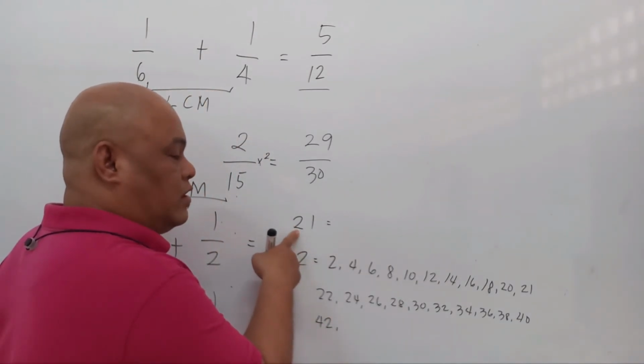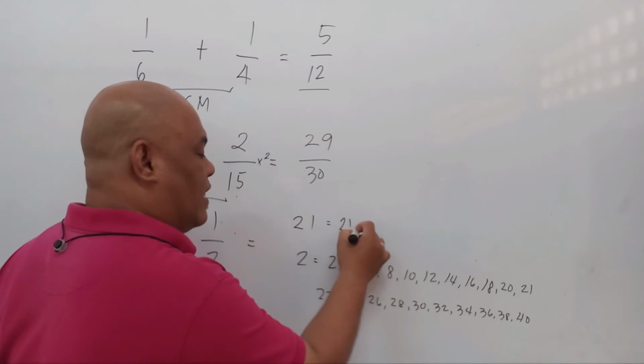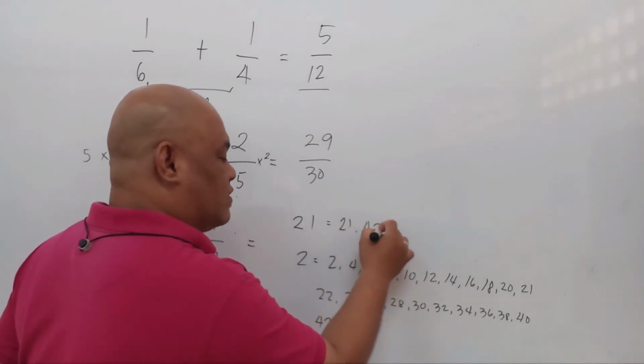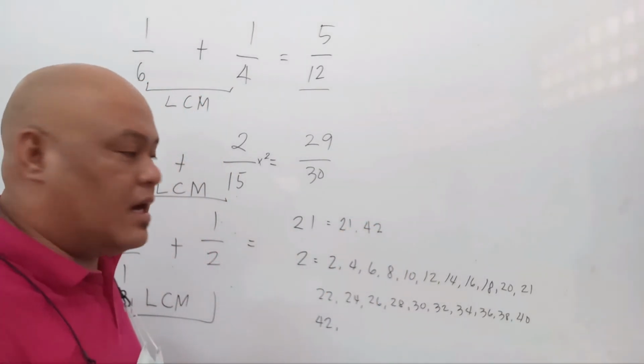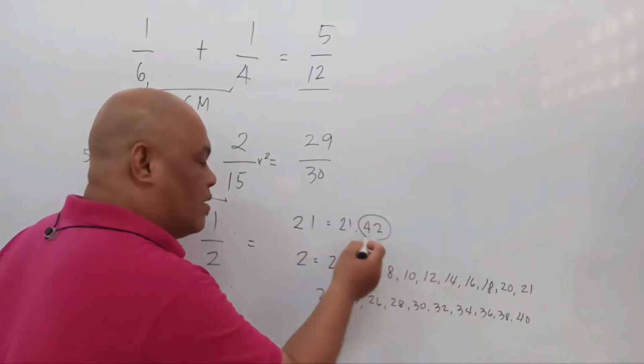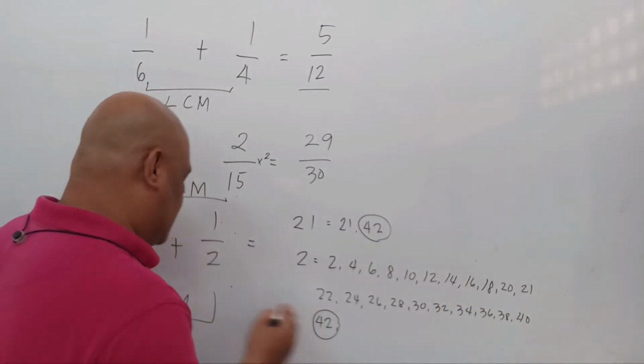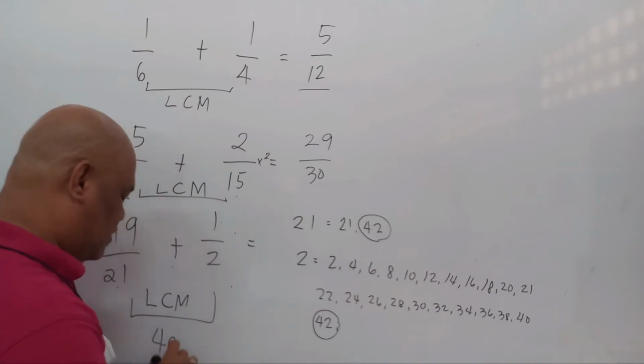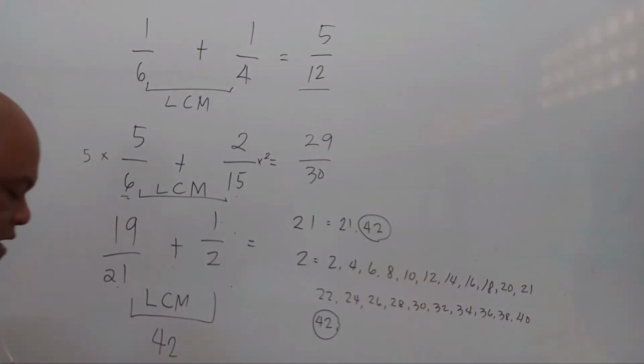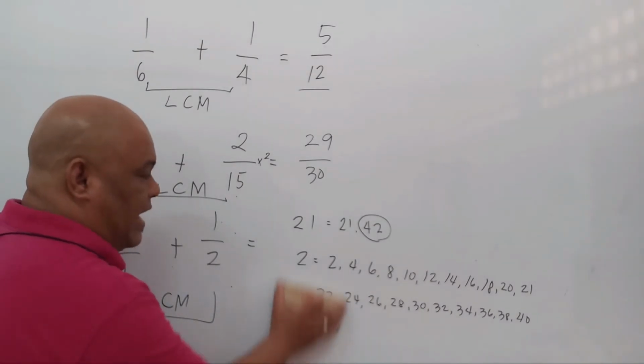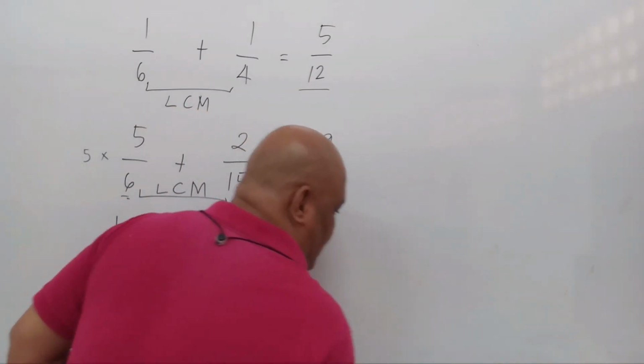And 21, 42. We get the common multiple, and that is 42. So now, we can add these numbers.